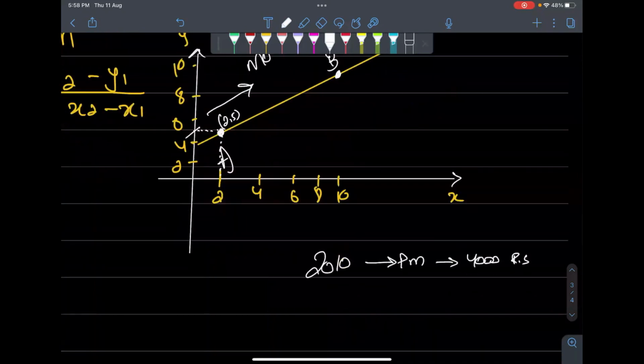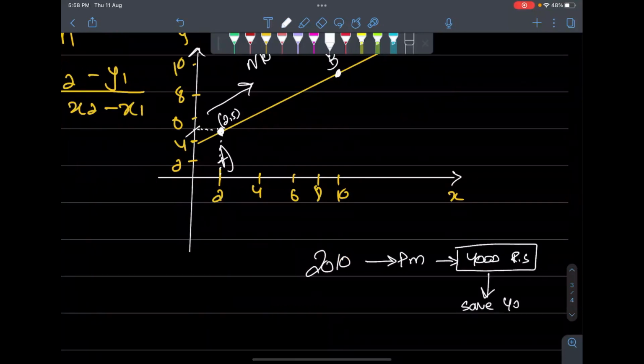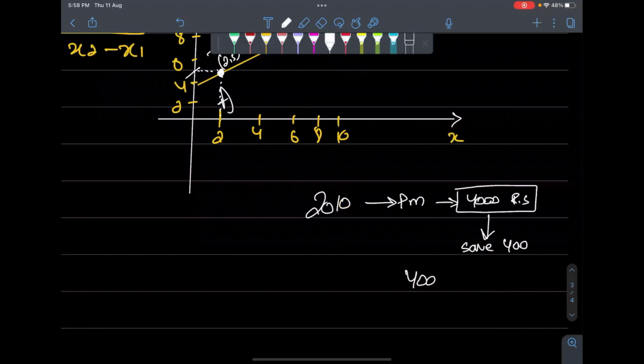Every month, if you receive 4,000 rupees, you can save 400 rupees. So can I say that 400 per month is your savings? Yes or no?